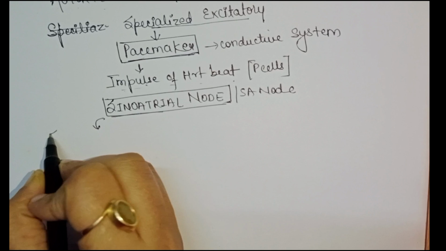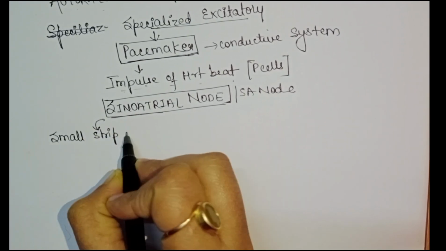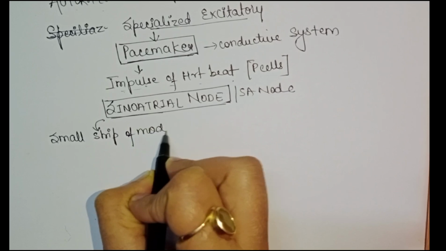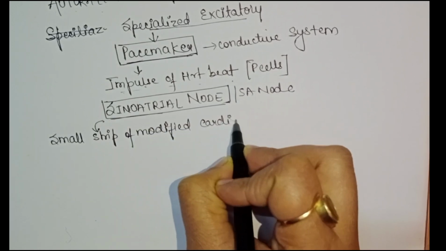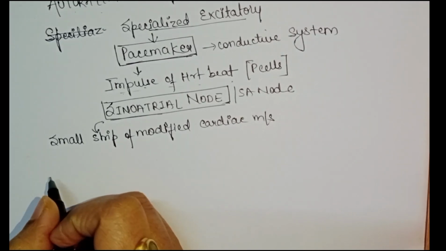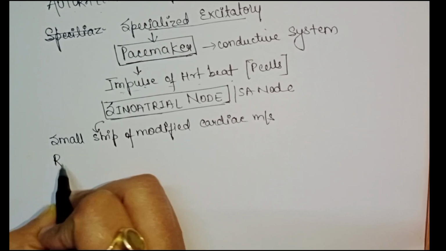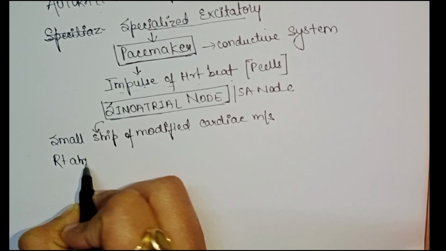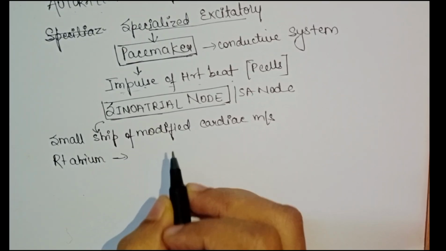What is the sinoatrial node? A small strip of modified cardiac muscle situated in the superior part of the lateral wall of the right atrium. Right atrium, okay, superior lateral wall.